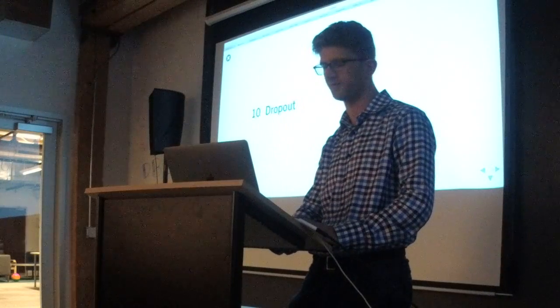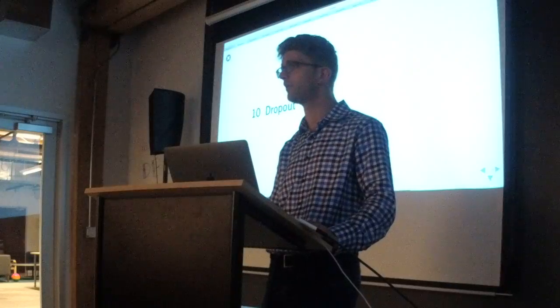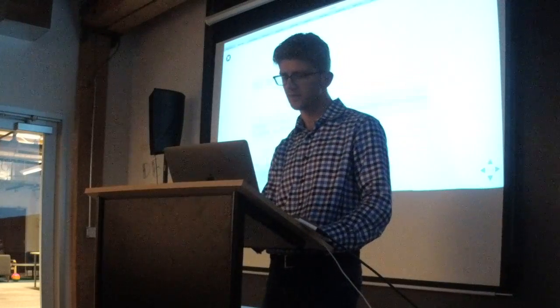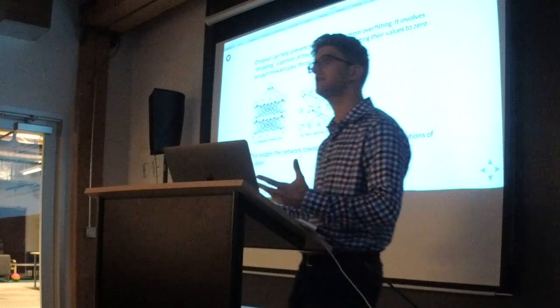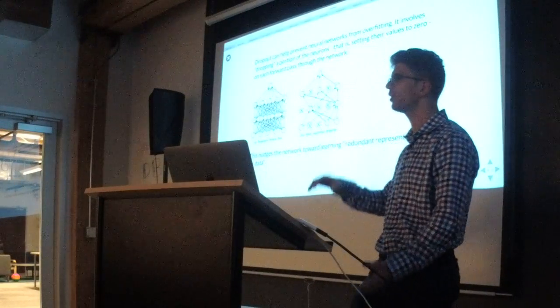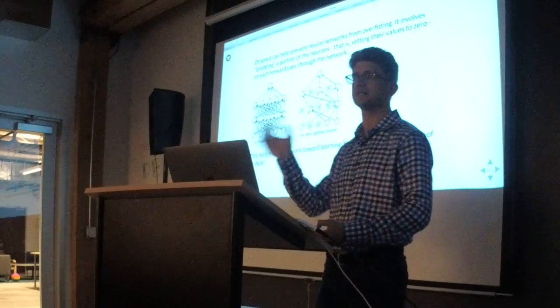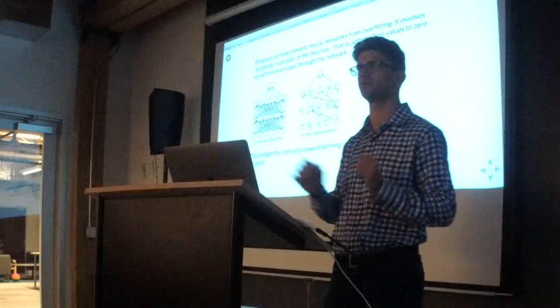There's more stuff on there. I'll go through quickly a couple more tricks that are fairly easy to implement with this framework. Dropout is one you've probably heard of. It's a technique to prevent overfitting in networks. Every time you make a forward pass through the network, you randomly choose some portion of your neurons and just set them to 0. You say, we're not going to look at those in this pass.